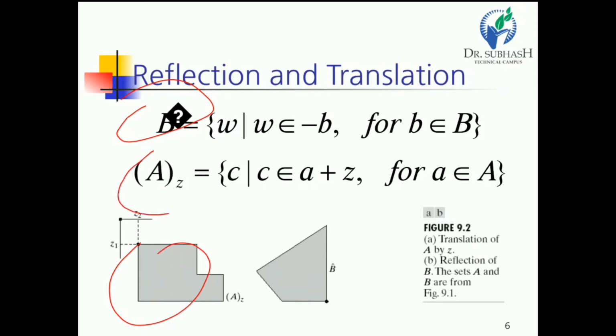That can be represented with the function of translation of A, the set of c such that c equals alpha plus Z, where alpha belongs to capital A. In figure B, that is the reflection of B, and the set A from set B.